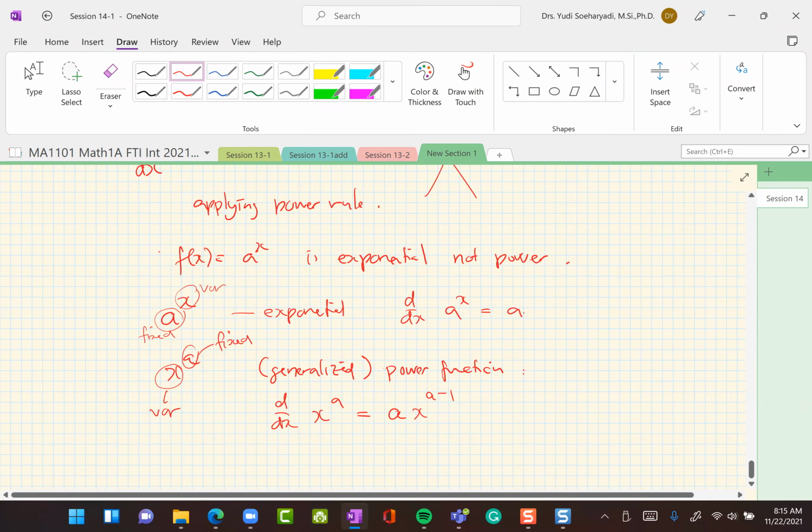So again, you get the exponential times the ln of the base. You see? That's the difference.